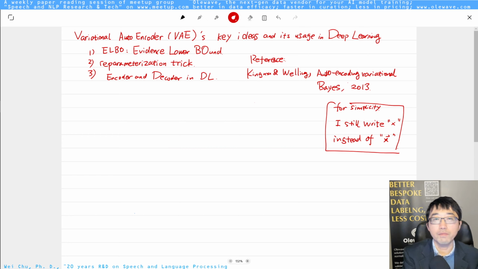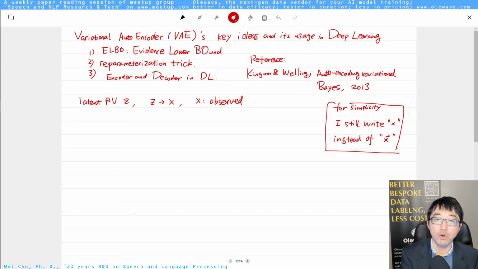First, how the problem is formulated. Suppose you have a latent random variable z, and you want to go from z to x, where x is the real world sample, or observed sample. We usually call it the observed sample.